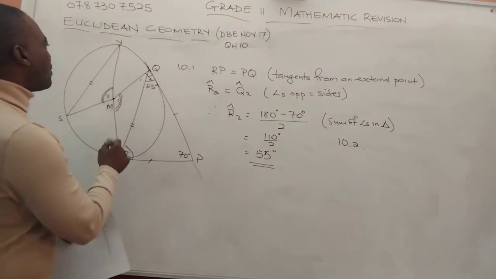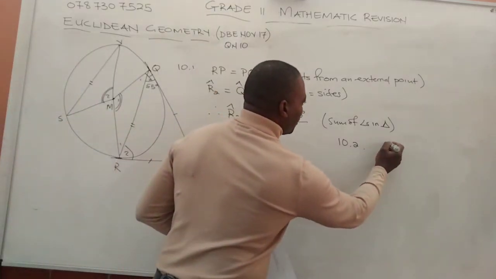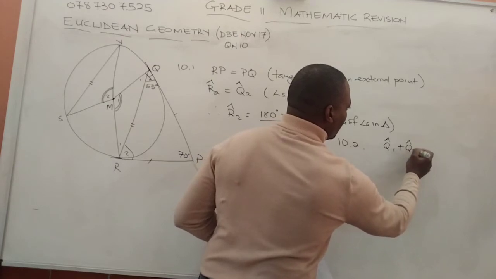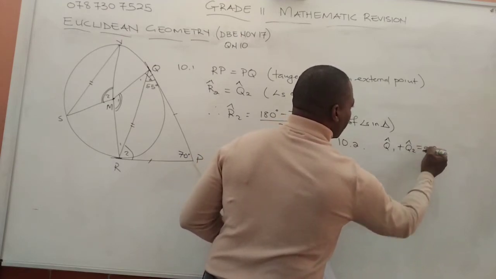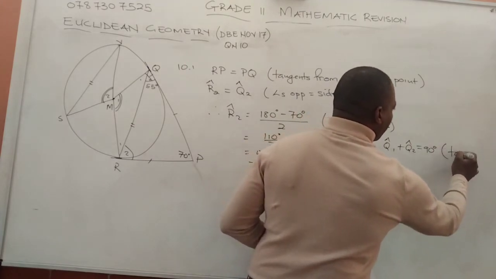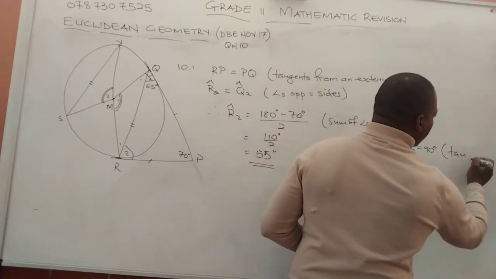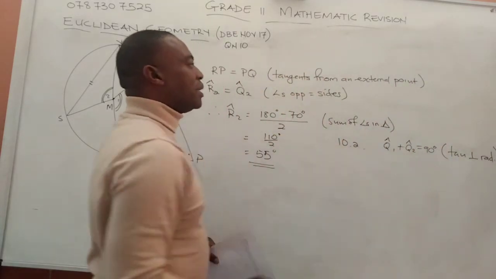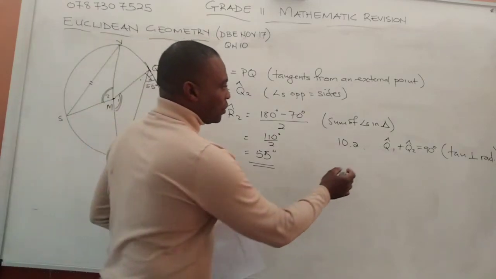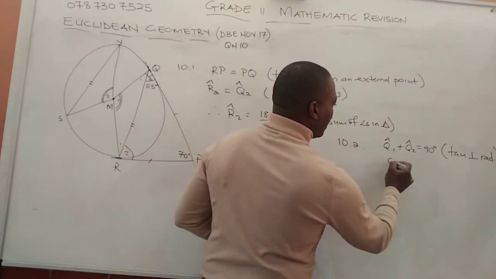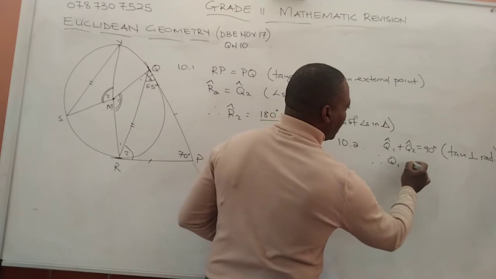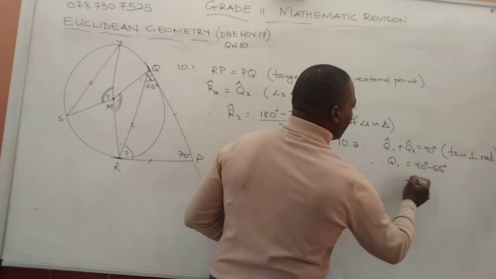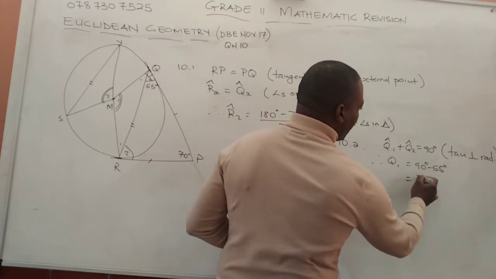So we are simply saying angle Q1 plus angle Q2 should give us 90 degrees. And our reason is tangent is perpendicular to radius, or radius is perpendicular to the tangent. Therefore, Q1 is equal to 90 degrees minus 55 degrees. And that would give us 35 degrees.